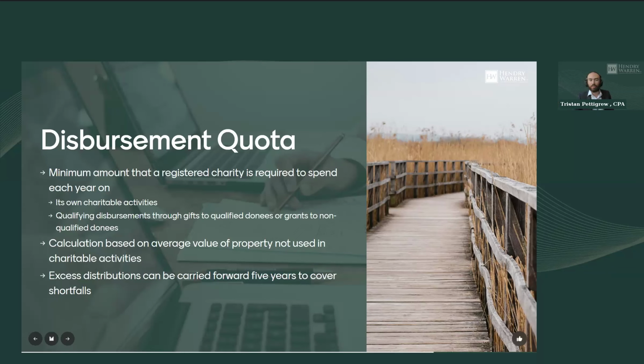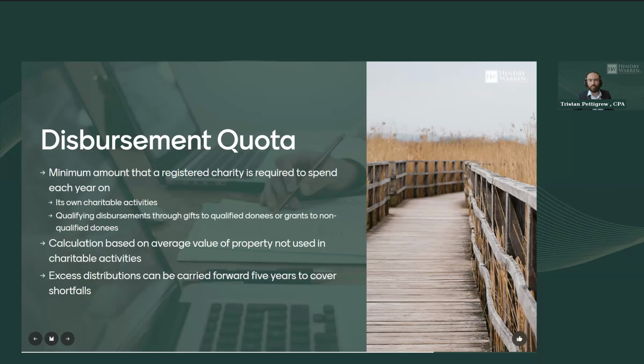Now, it should be noted that if you have excess distributions in any year, so the amount that you spend on charitable activities or qualifying disbursements exceeds the amount of your disbursement quota, that excess can be carried forward for a period of 5 years to cover any potential future shortfalls.